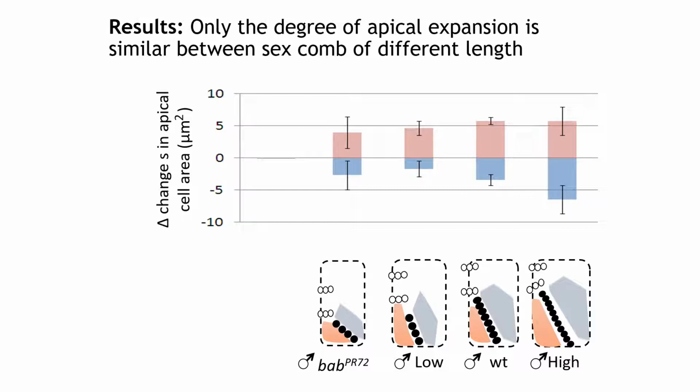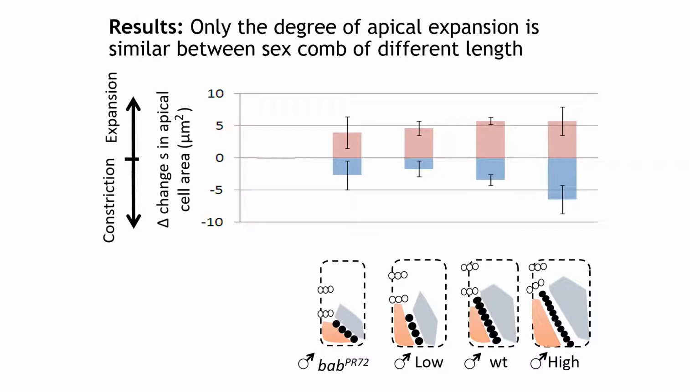Here, the pink represents the distal region and the blue represents the proximal region, the region that is constricting, and this is the region that is expanding, the region that is growing, and the region that is getting smaller. Here are the changes in apical cell area.